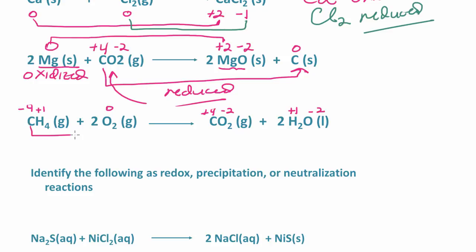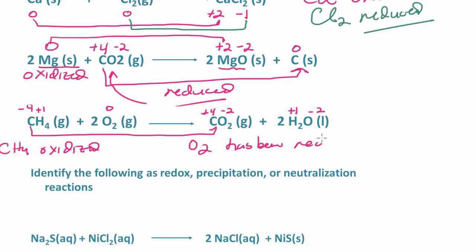So carbon has gone from a -4 to a +4, and so therefore the charge has increased. Methane has been oxidized. Oxygen goes from a 0 to a -2, the charge has decreased, so O2 has been reduced.